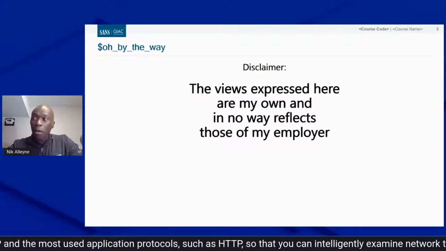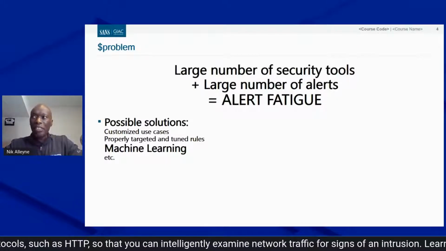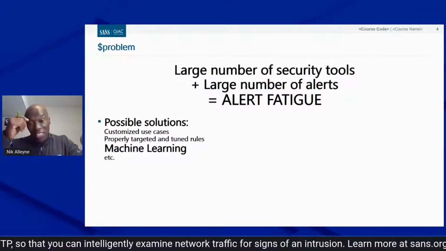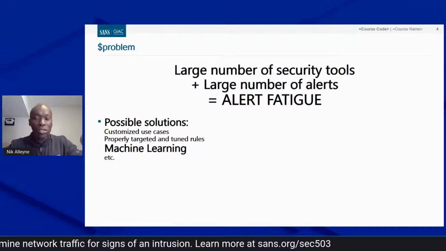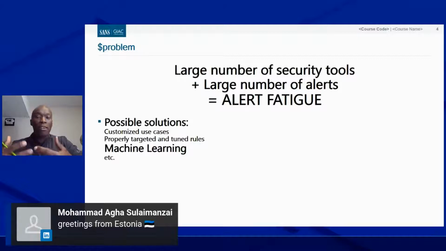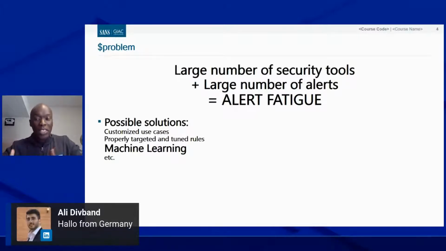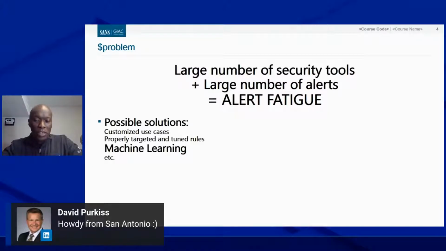So the problem is we have a situation whereby there are a large number of security tools on the market, and a lot of these tools generate some type of alerts. And the more tools we have, the more alerts get generated, the more we have a problem in terms of the number of alerts we have to process, which contributes to alert fatigue. Now, there are many different ways to solve this problem.